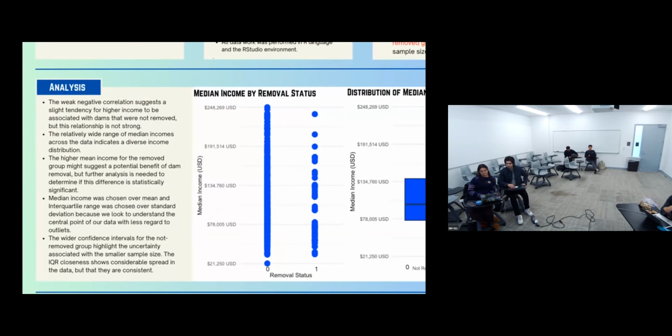It suggests basically a slight tendency for higher income to be associated with not removing dams, right?